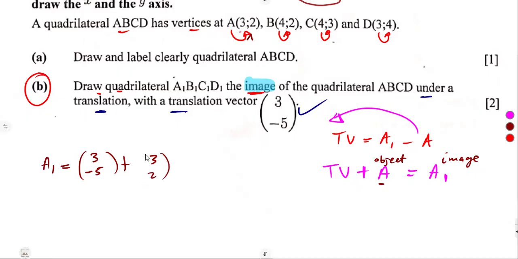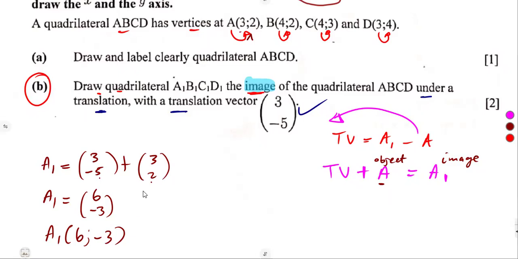So that's (3, 2). You're going to add, that's obtaining the image. So 3 and 3, that's 6, minus 5 and 2. If you add, that was going to give us what? Negative 3. So that's the point A that we are having, the image of A, which is (6, -3). We have got the image.